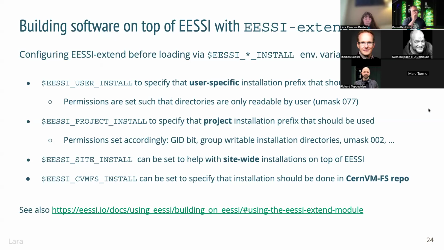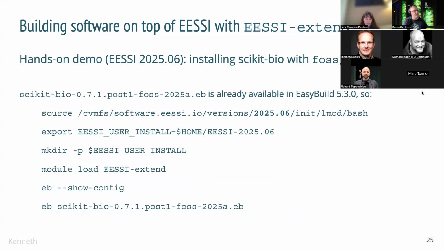And one last thing we're mentioning on this slide is that you essentially pick one of these four options. And if you don't pick something, EESSI extend will do a sensible thing by default. So it's good to always check your active EasyBuild configuration after loading EESSI extend, as I'll show in the hands-on, so you're actually sure that you're happy with how EasyBuild was configured.